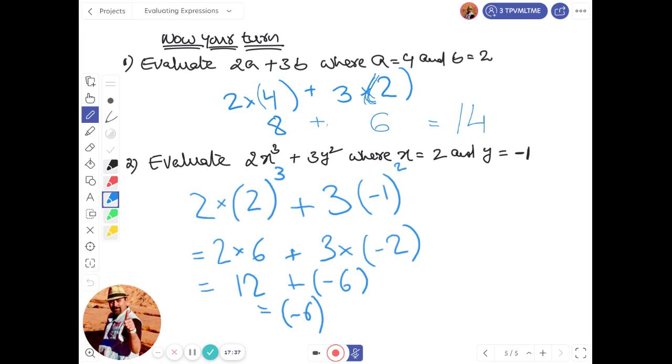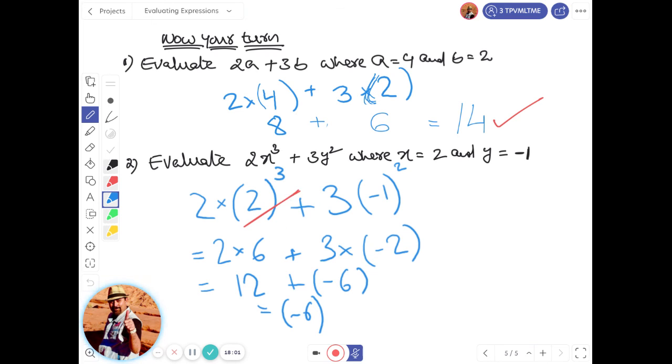So 2 times 4 is 8. Then the value of B is brought here. 3 times 2 is 6. Adding these two, 8 and 6, I get 40. And as I mentioned before, please check your work.